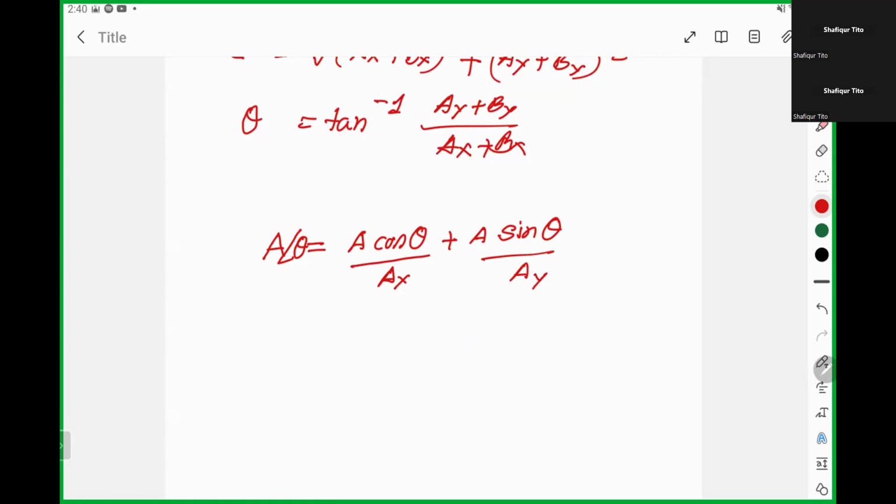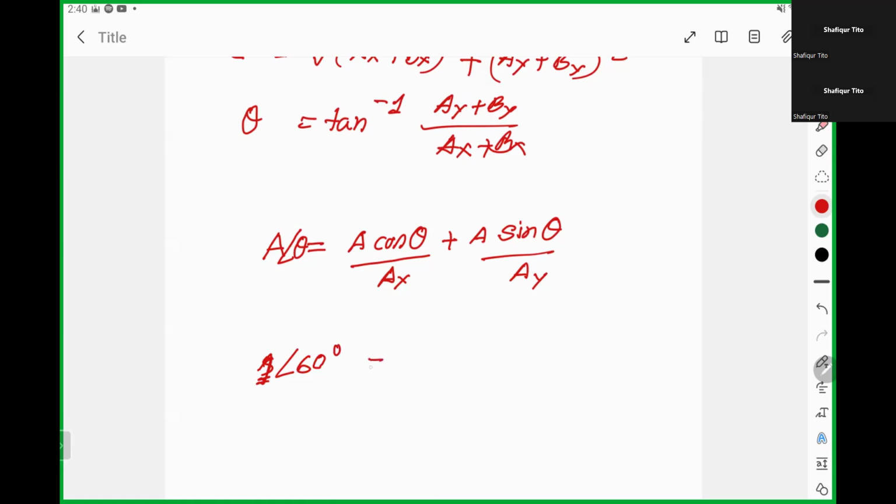Now at the end, this is a number, this is a number. We have to distinguish which one. Say you have found a magnitude of 1 at an angle of 60 degrees. Okay, this is my polar form of the vector.